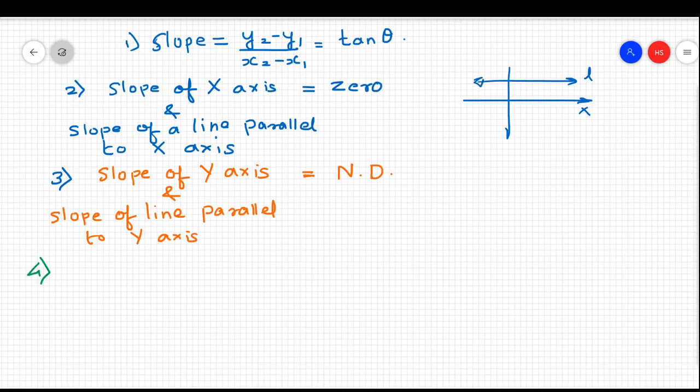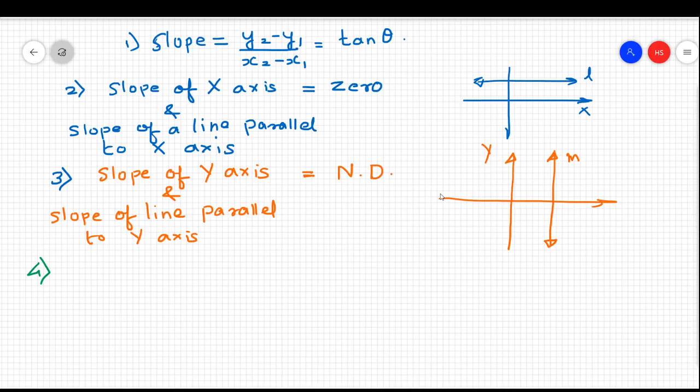This is the y-axis, and suppose this is the line which is parallel to y-axis. So we studied two results. We noticed that for x-axis and a line parallel to it, the slopes were the same. Similarly for y-axis and a line parallel to y-axis, the slopes were the same, right?